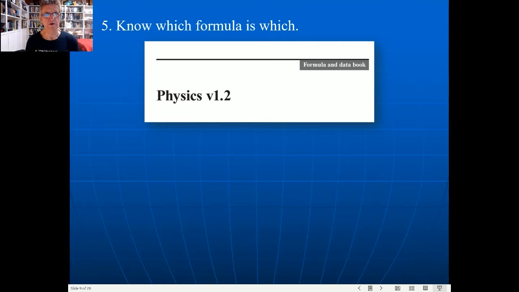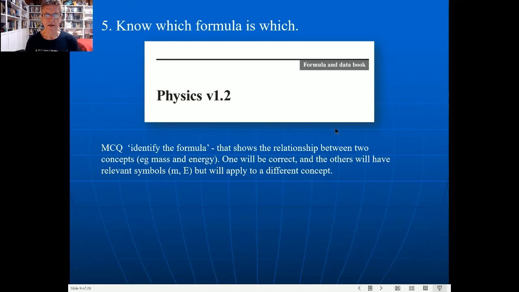I'll make up a description of each formula, or they have to group them together under the right headings and so on. One of the multi-choice questions is often to identify the formula which does something, right? You have to pick from a list which formula represents so-and-so.